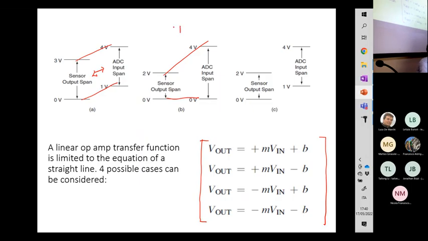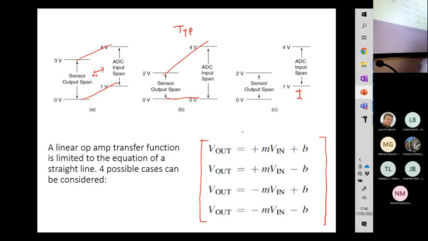This is a very typical situation. Or we may have a situation like this in which the ADC input span is larger than the sensor output span, but we need also some shift in the output. So these are indeed the multiple configurations we may be interested in.